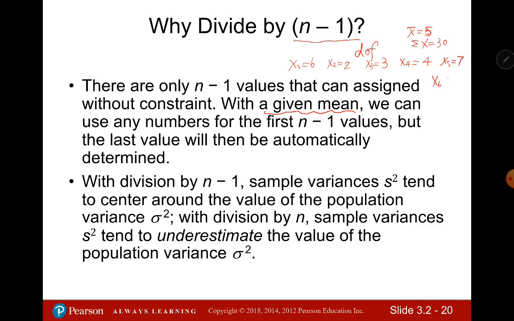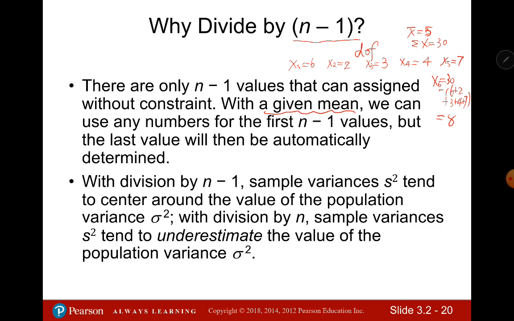The last value is not free to pick any value. It will be 30 minus the sum of the first 5 values. So we will get that the last one is 8.